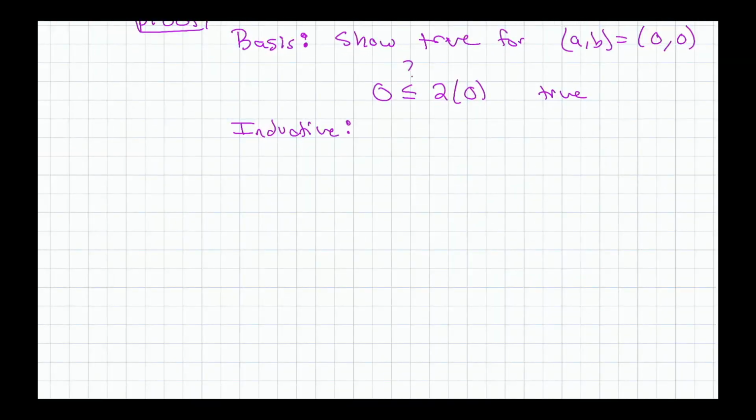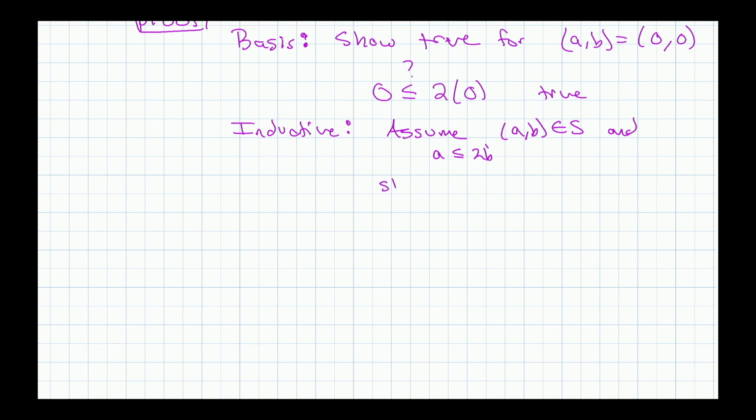So assume (A, B) is in S and A is less than or equal to 2B.